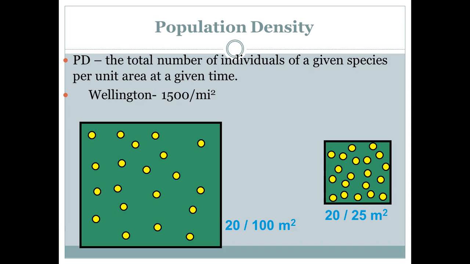Take 20, divide it by 25, and that should give you 0.8 mice per meter squared. Now when you look at these two boxes, you can tell which one is more dense by looking at them. But if you didn't have a graphic, you would have to do that math. So be able to do just that simple calculation.